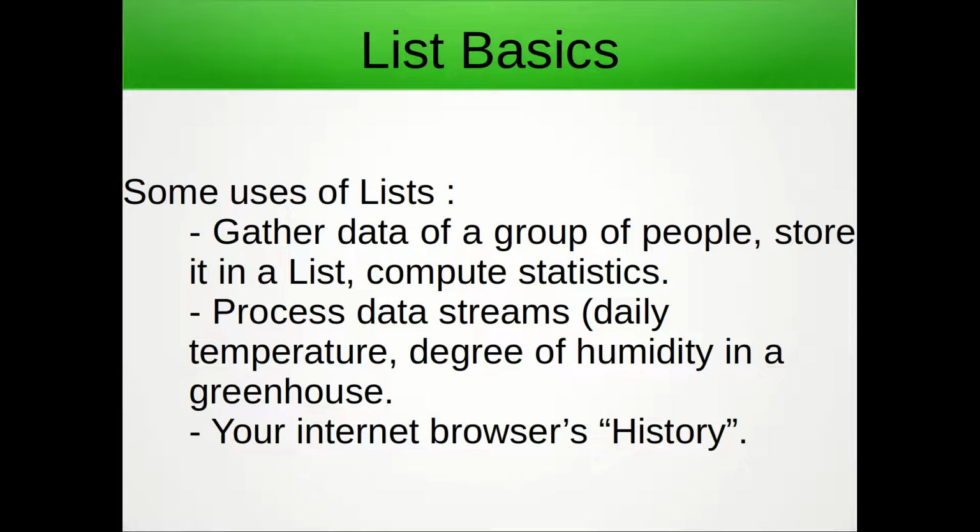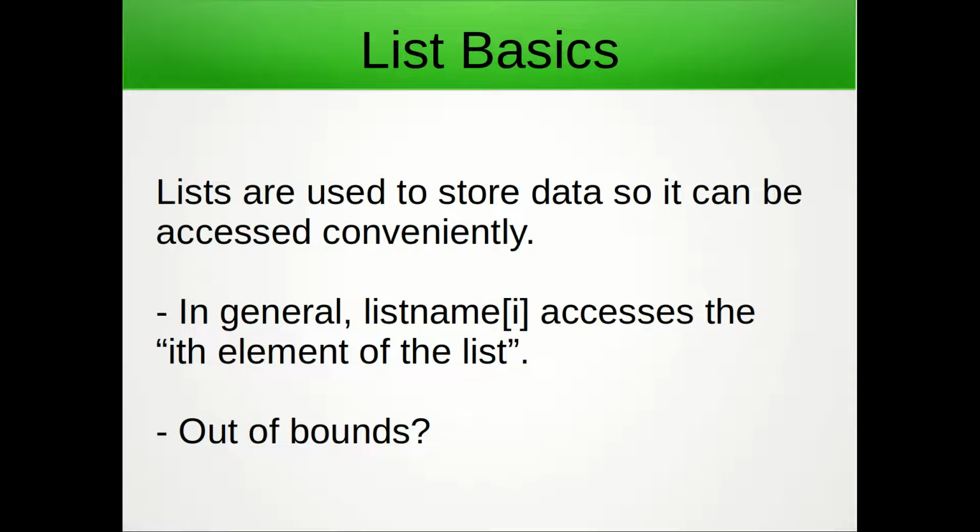Things that you wouldn't think of as lists, as for example your internet browser history, is itself a list of pages. So lists are used to store data so it can be accessed conveniently.